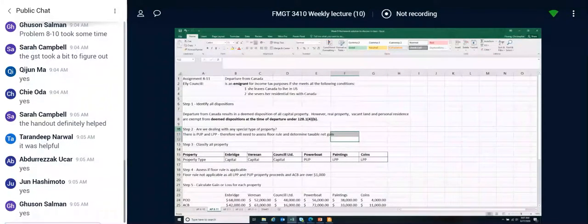Two, when you're looking at things, you need to know what type of property you're dealing with, because you need to be certain of any special rules you have to deal with. If you take a look at this, you've got PUP and LPP in this question, because you see oil painting, coin collections. And there's nothing here about this person doing business, they're just leaving Canada.